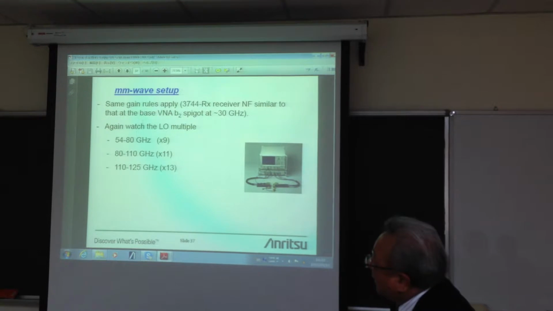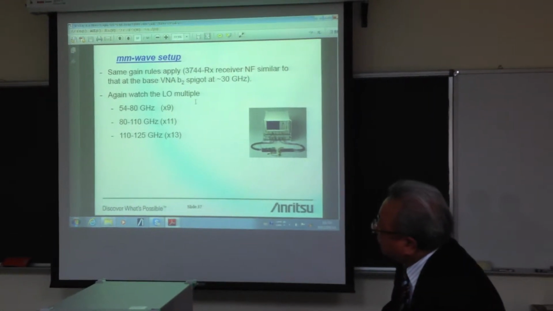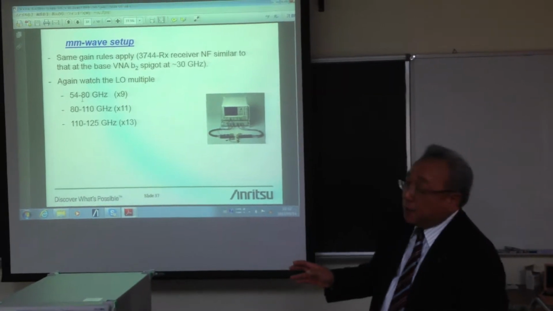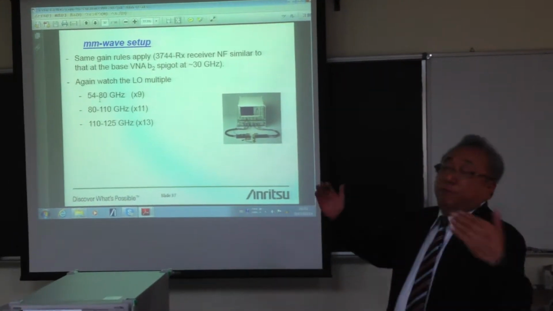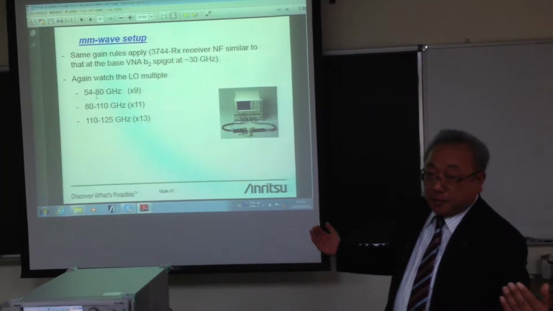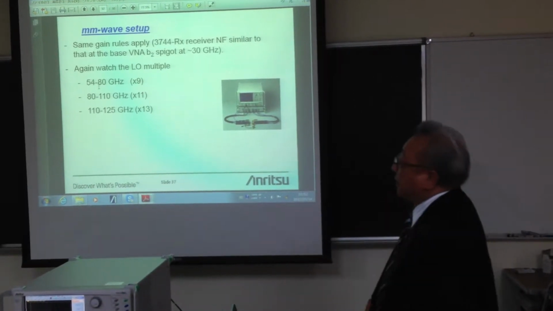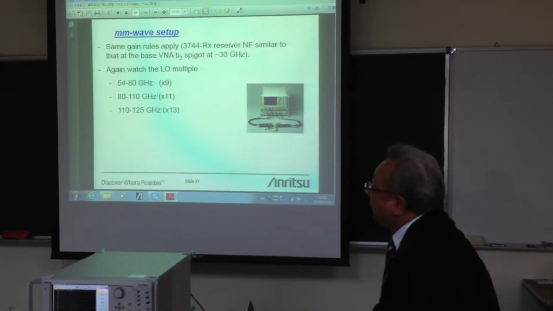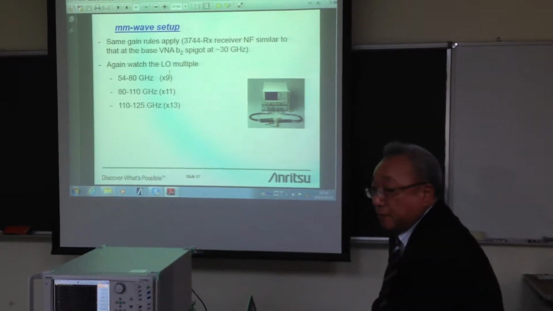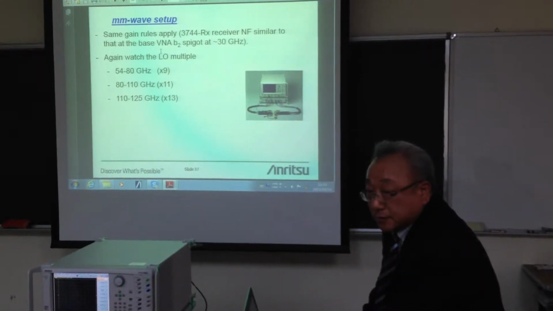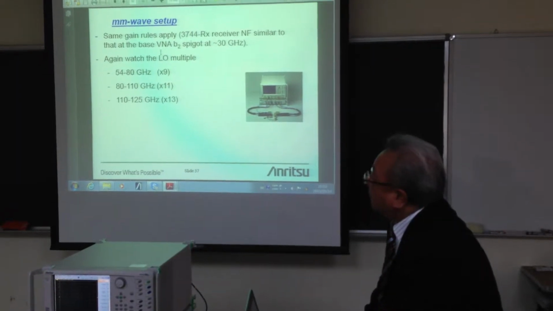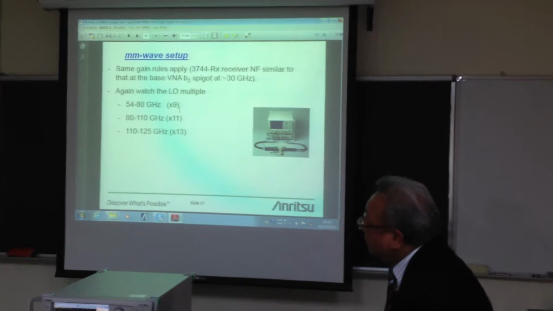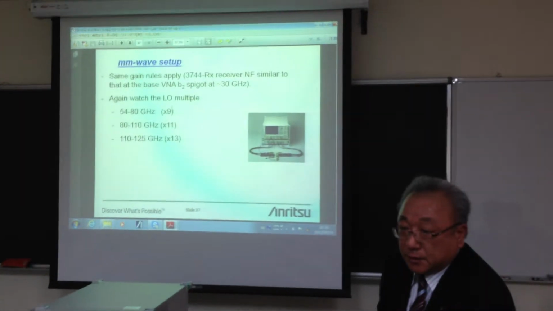This is a limitation of the cold source modules. It could not make very broadband measurements. There is a frequency range limitation because of the multiply number of the local signal generator, which is a little different from the frequency range.